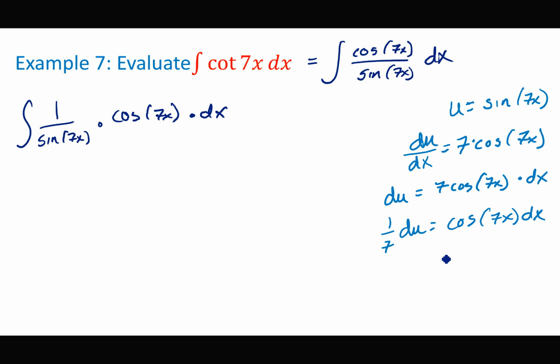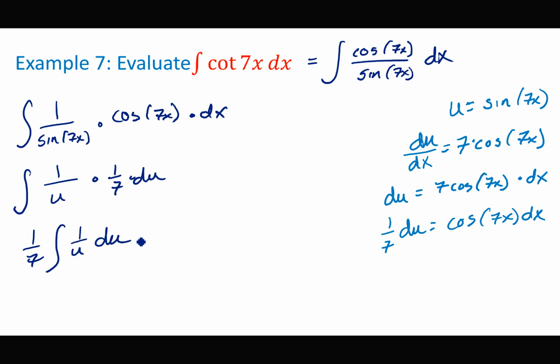Now, all this work we did over here on the right is helping us out. Because now, instead of saying 1 over sine of 7x, I can say 1 over u. I can wipe out that whole bottom and say that's simply u. And the whole part after that, cosine of 7x dx, that's 1/7 du. So we have 1/7 integral 1 over u du.